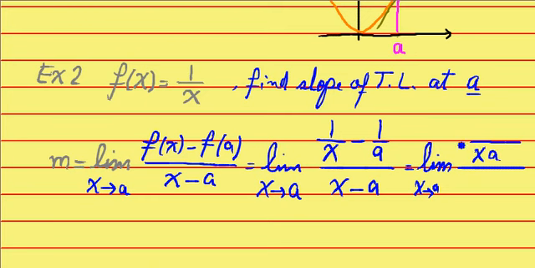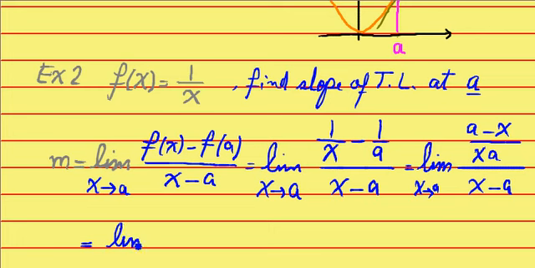Maybe you want to pause, do this problem, come back, double check your answer. We cross multiply, this is a, this is x, and this is x minus a.